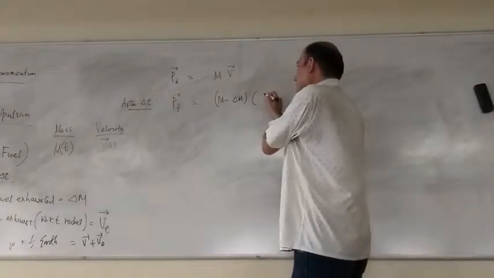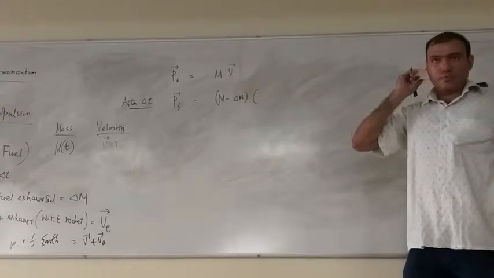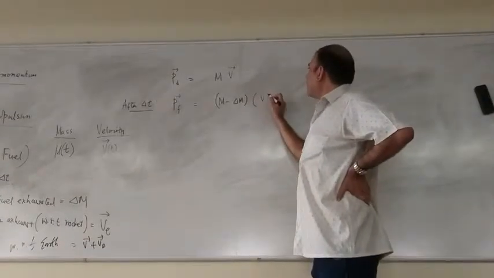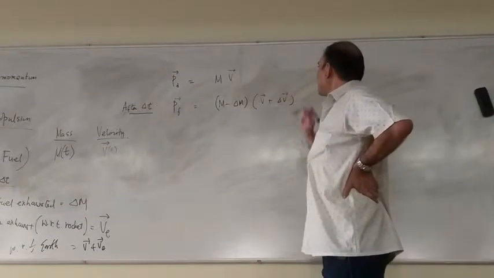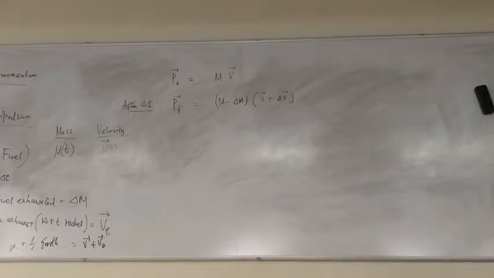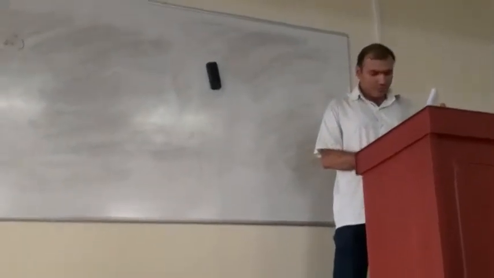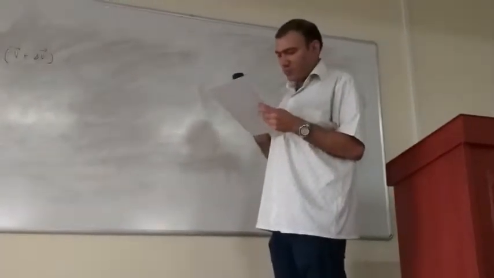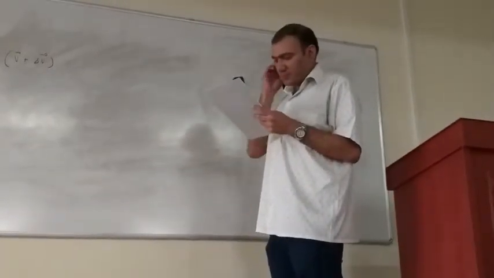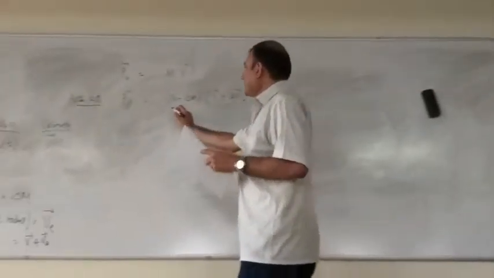times v plus delta v. Let me have a check on this as well. How about the signs? Yeah, it's v plus delta v. So that would be that of the rocket.